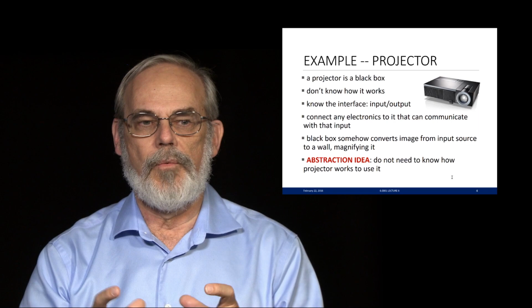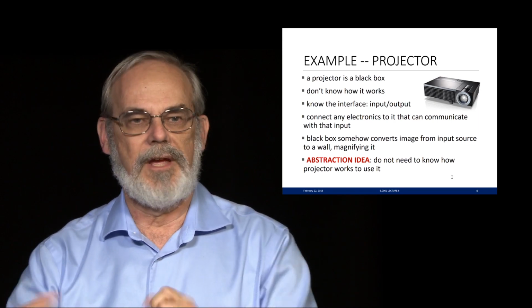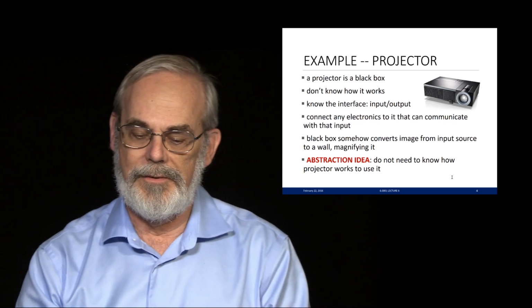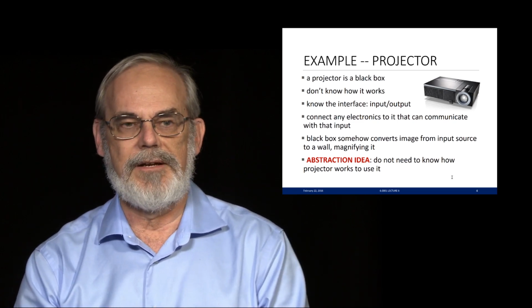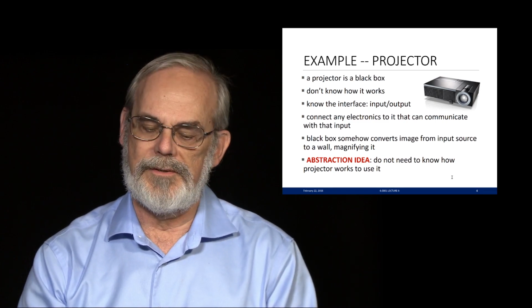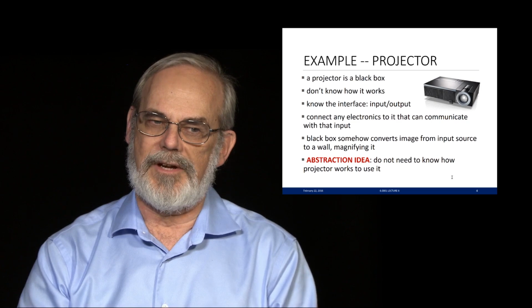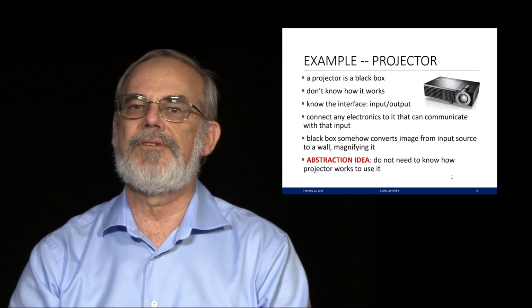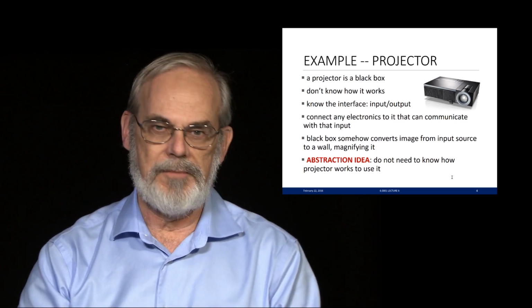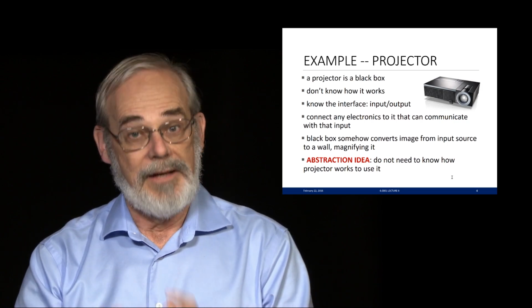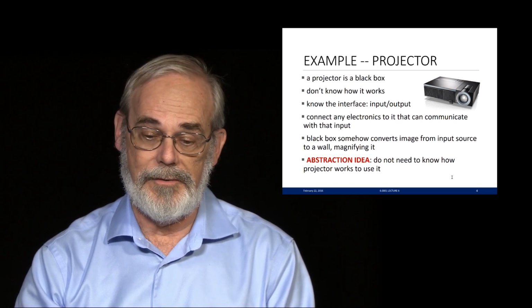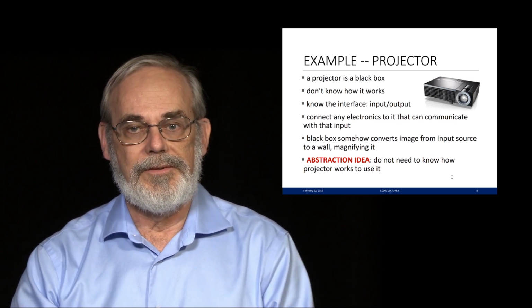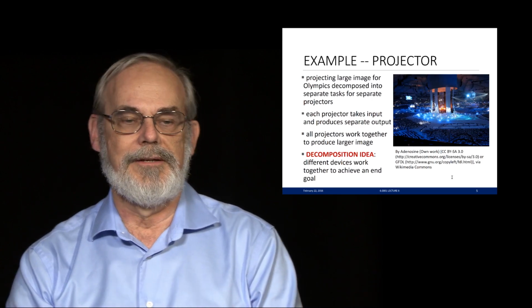It's the idea that once I've built something, in this case a projector, might be a piece of code, once I've built something, I don't need to know what's inside it as long as I know how it works. So abstraction in some sense comes with a contract that says if you give me appropriate inputs, I'm going to behave in an appropriate way. That's a really nice idea. That's something that we're going to want to use, and we're going to use it with code. There's a second piece to it, and we'll stick with the projector idea.